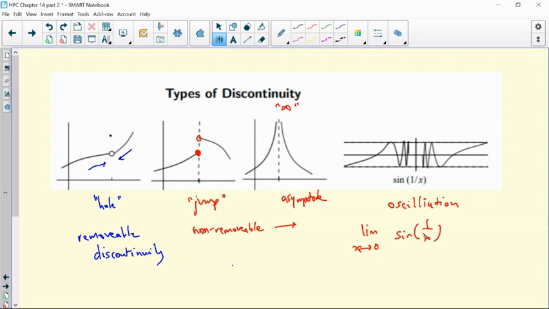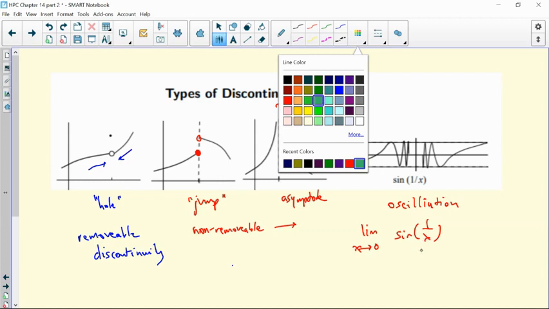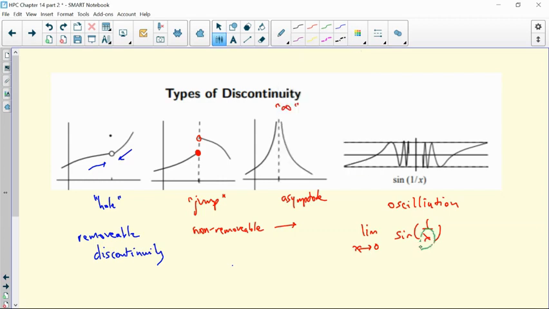The closer you get to 0, the more frequent those waves are, because as x gets smaller, 1 over x gets very large, and there's no end to the sine graph. It just keeps bouncing back and forth between 1 and -1, and the waves get closer and closer together.